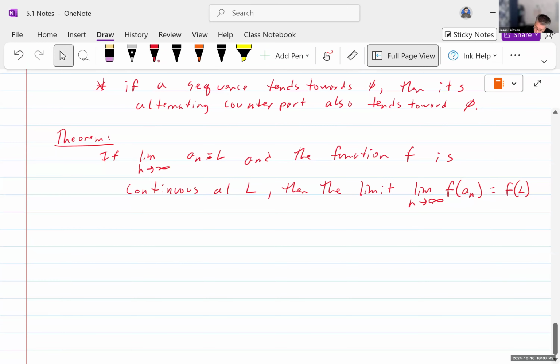Okay, let's do an example with this. Number 4. Find the limit as n goes to infinity of the sine of pi over n.